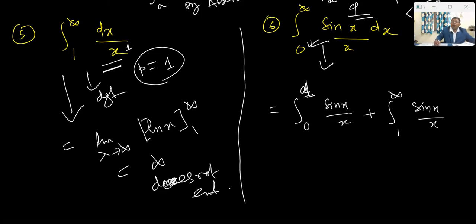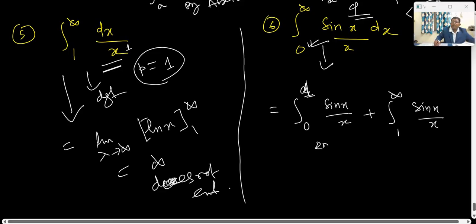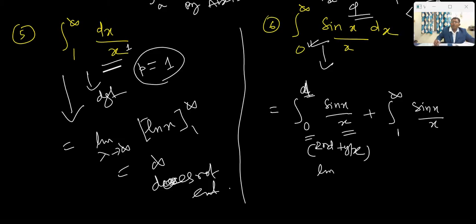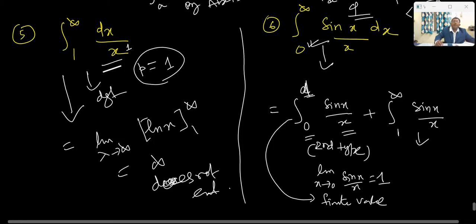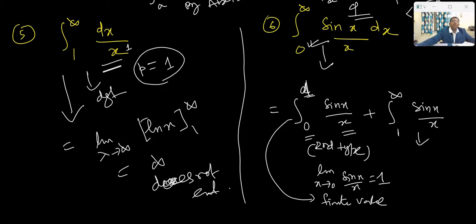So the first part is again of the second type, because this 0 is in the denominator. But anyway, the limit as x tends to 0 of sin x by x is 1, so this will give me a finite value. And rather, I should split it here to have the Dirichlet test.